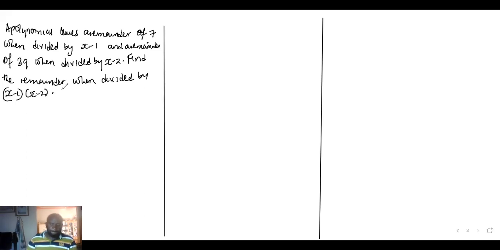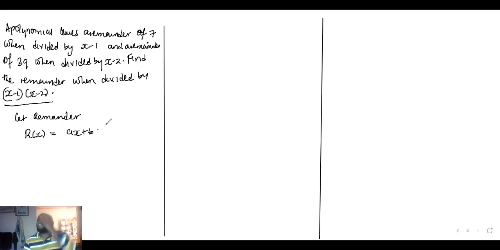So, first of all, because they want us to find the remainder when it is divided by this, you let the remainder r of x be in the form ax plus b.